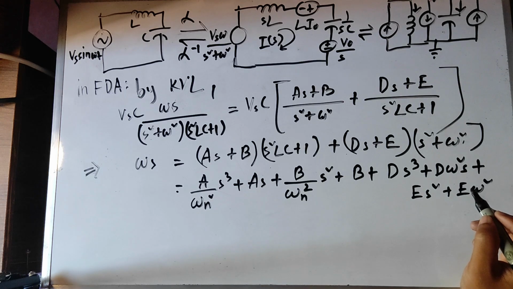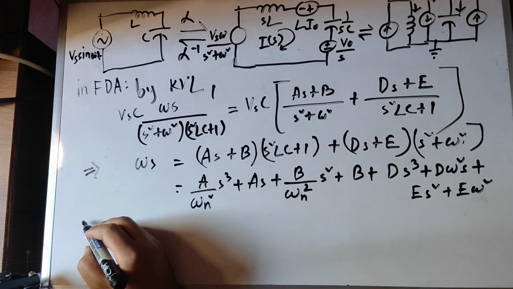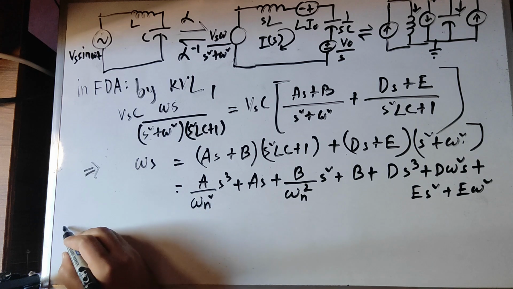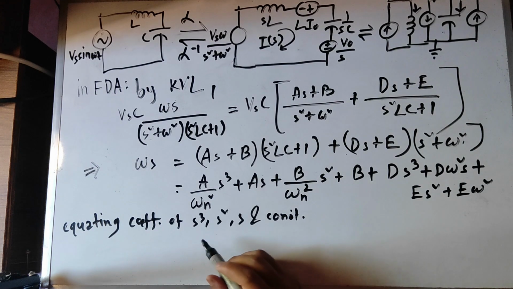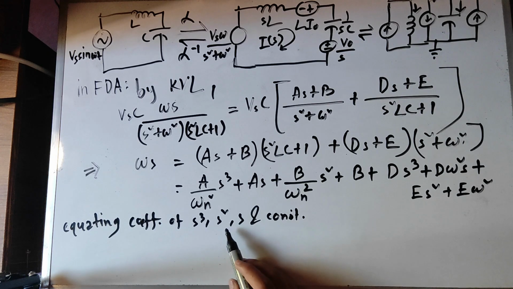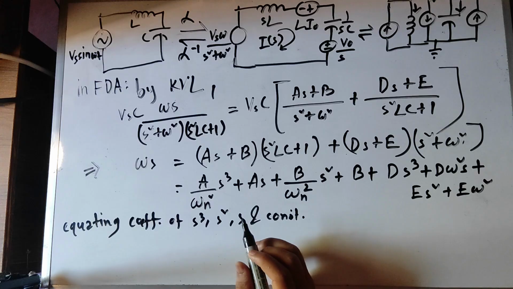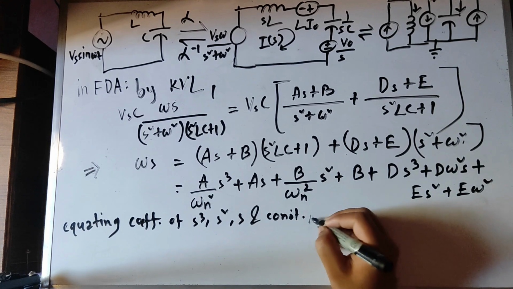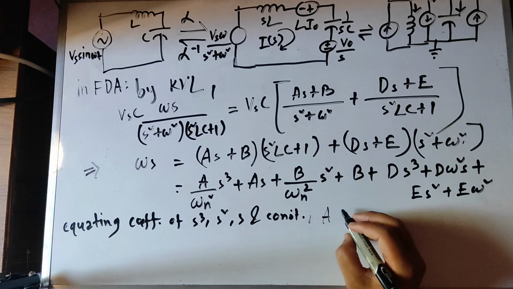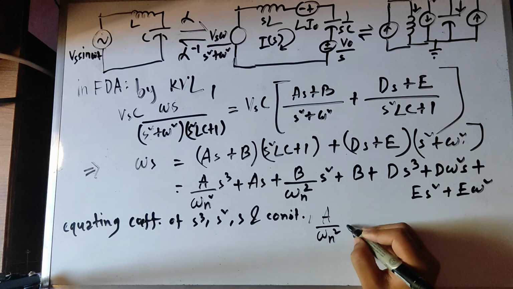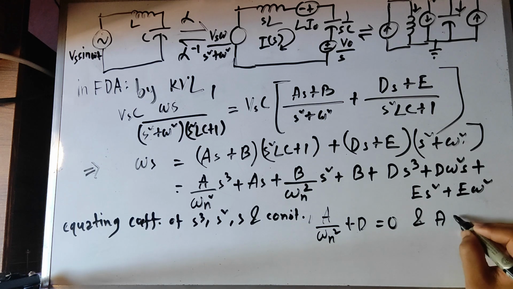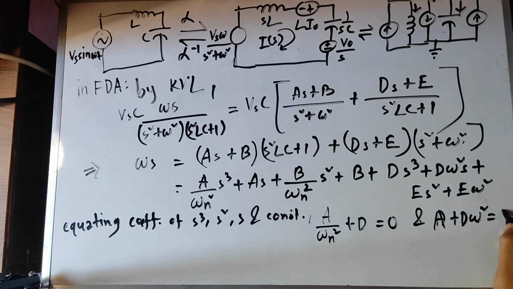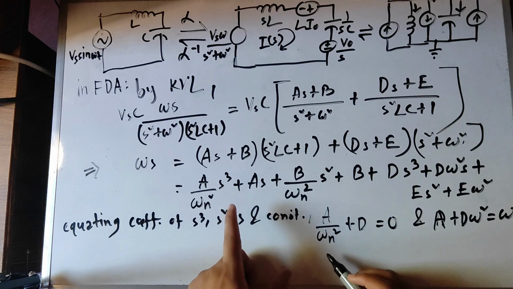Now if we equate the coefficients of S cube, S square and S, we will find that A/omega n square + D equals 0, and A + D omega square is omega.